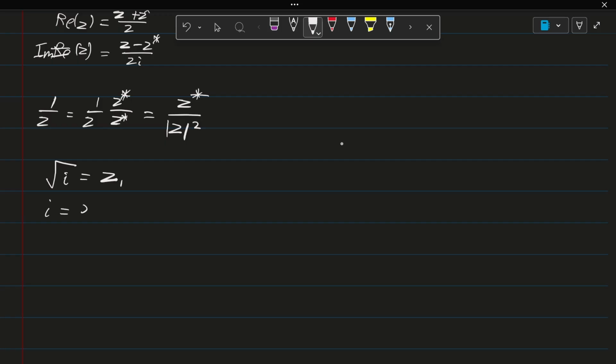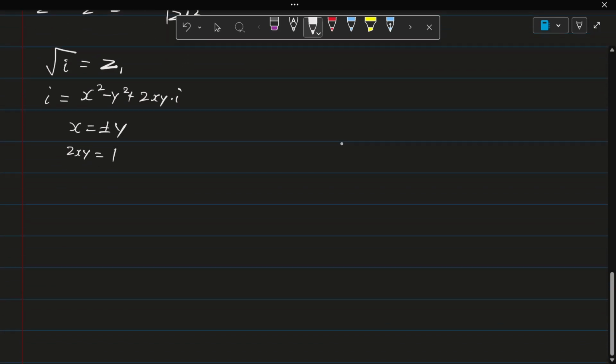So you could express this in terms of the Cartesian form. It's x plus iy. Let's just use that. So we get x squared minus y squared plus 2xy times i. And from here, what we observe is that x must be equal to plus or minus y, and 2xy must correspond to 1. So this will give us a solution.